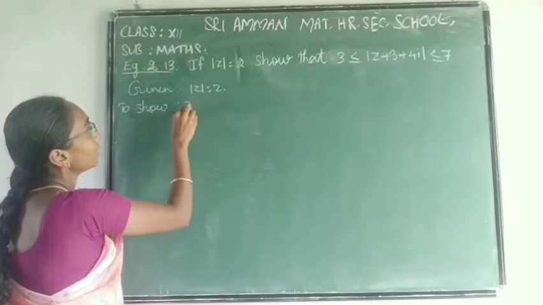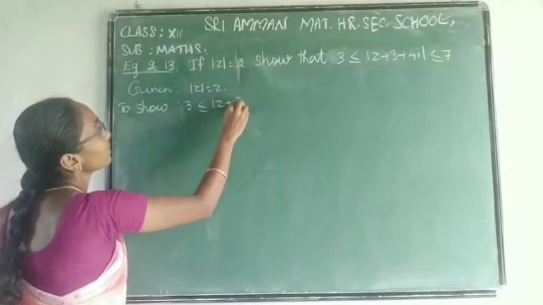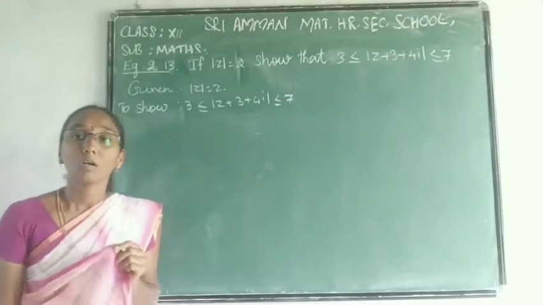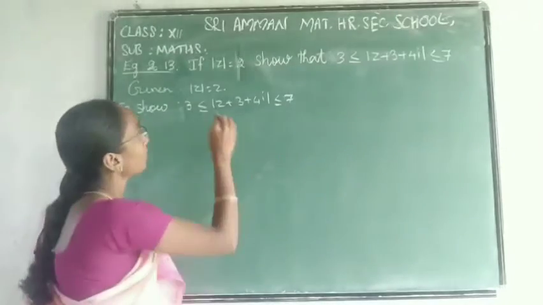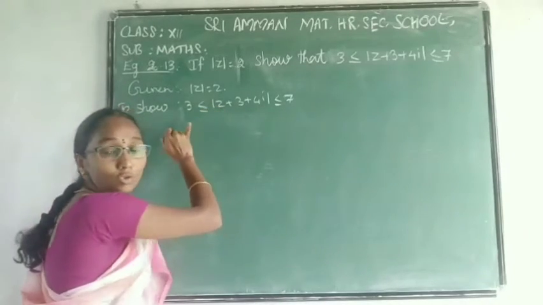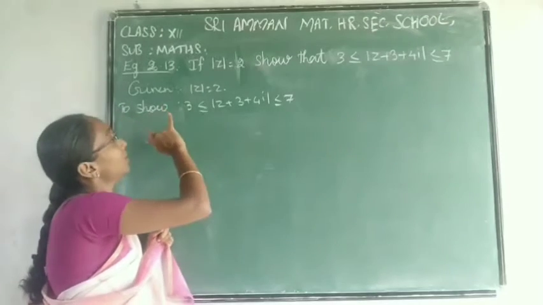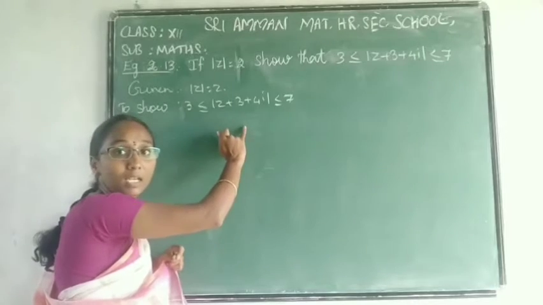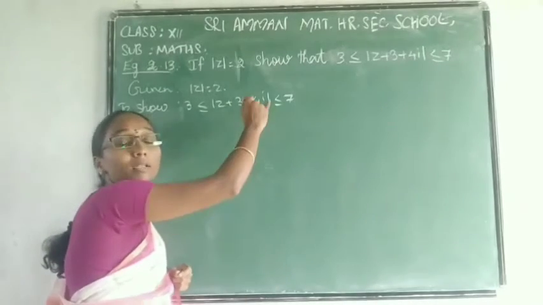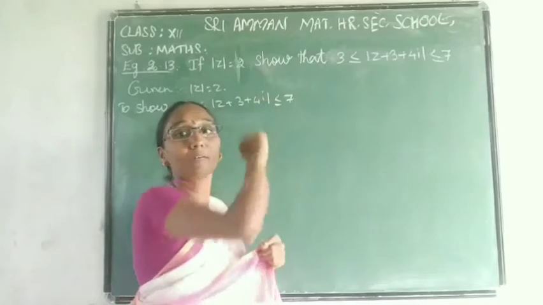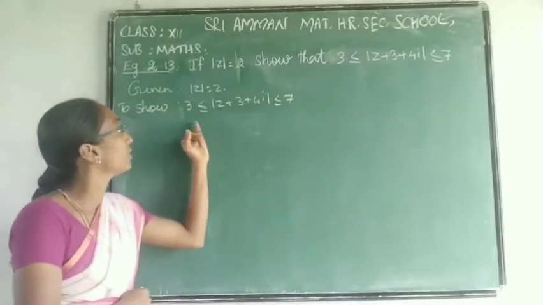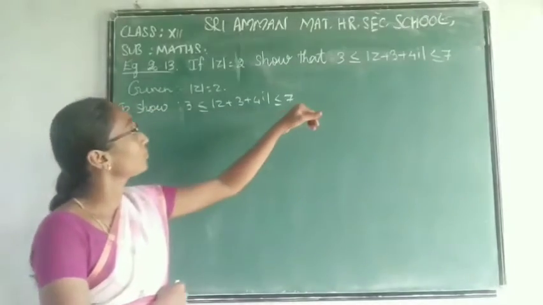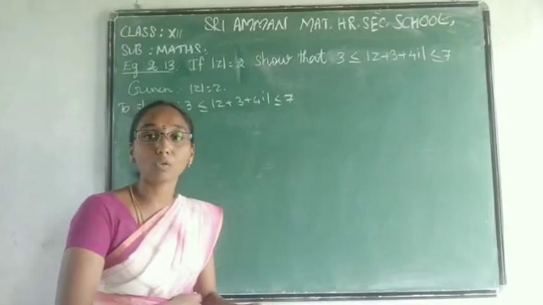Listen carefully. 3 less than or equal to modulus of z plus 3 plus 4i, and this value is also less than or equal to 7. Look, this one is the lower bound and this one is the upper bound.